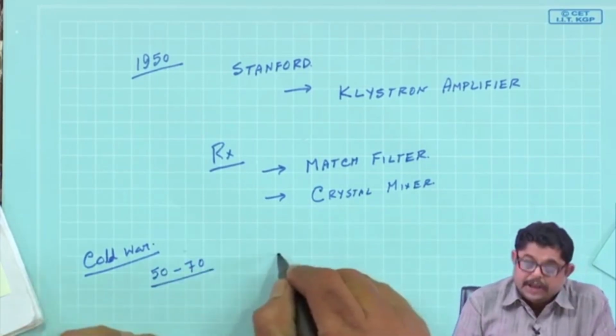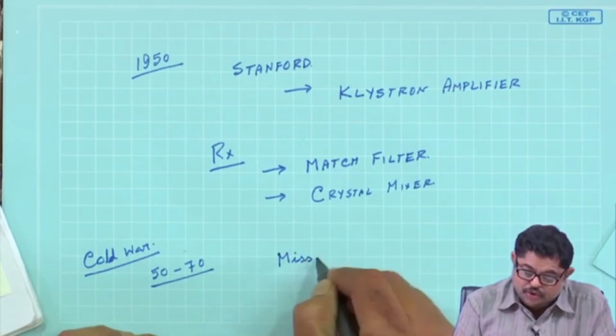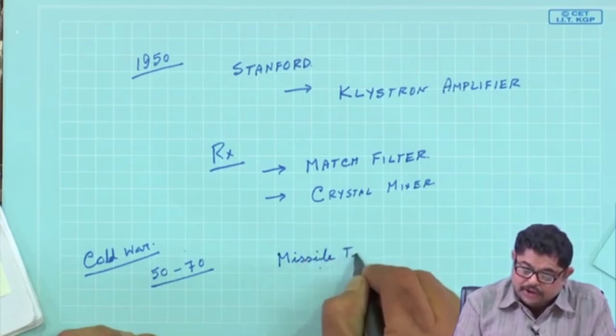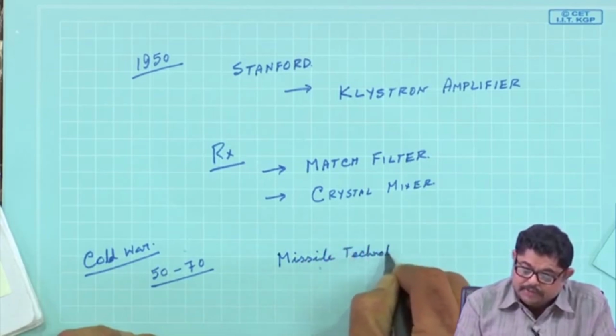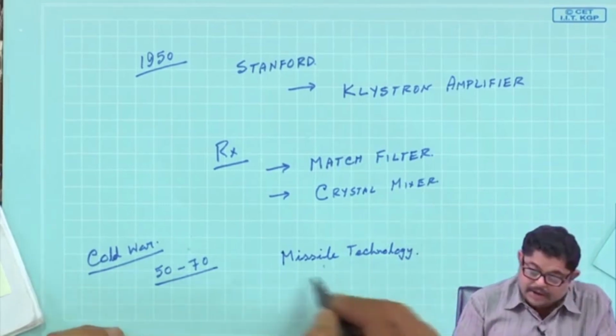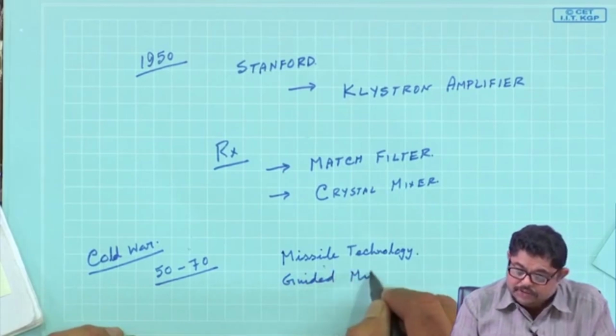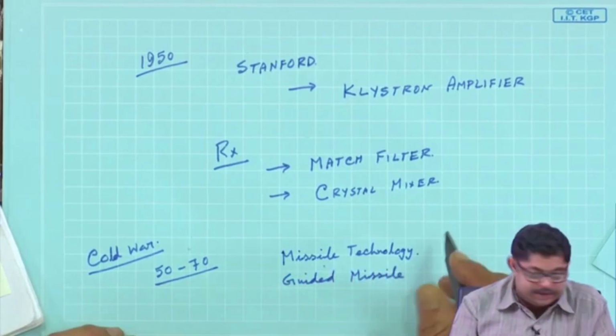This time there were two technologies due to the Cold War. Missile technology, intercontinental ballistic missiles and guided missiles, were developed. This missile technology needed very precise tracking.